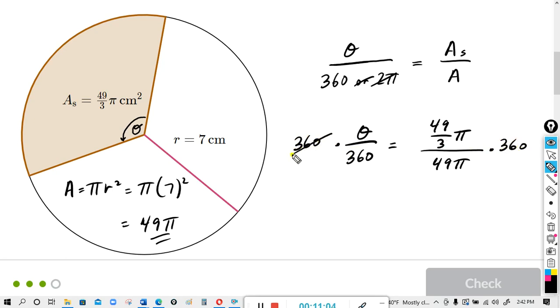On the left-hand side, it cancels. So pi over pi also cancels.